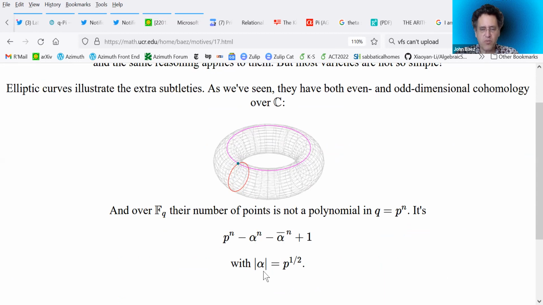So this alpha here is a vague q number. That's the kind of number I'm talking about.